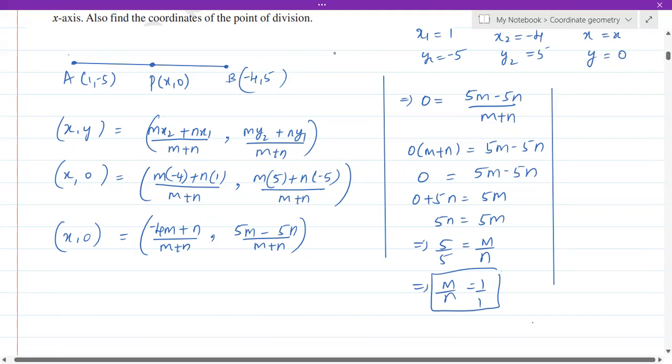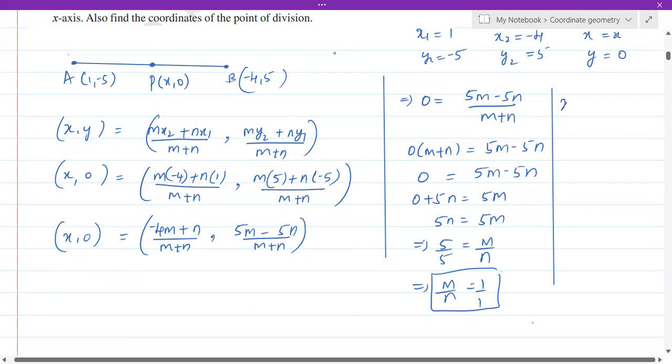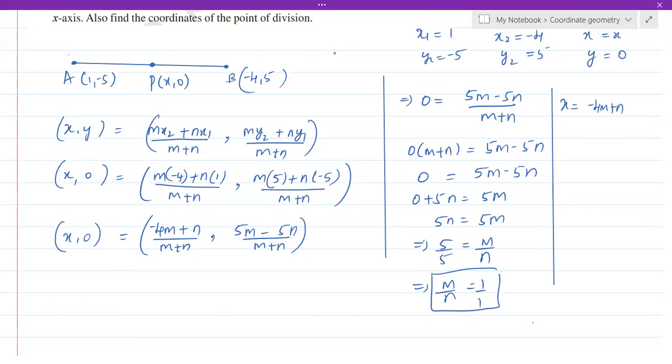1:1. Now let's find the value of x. How do we find the value of x? By equating the first part with first part. Okay. So x is equal to (minus 4m plus n) divided by (m plus n). So let's substitute. x is equal to minus 4, m value is 1, n value is 1, divided by m plus n, 1 plus 1.